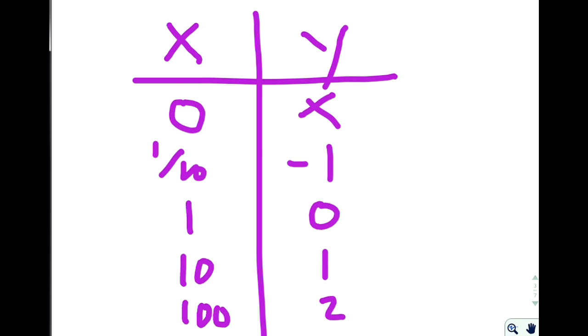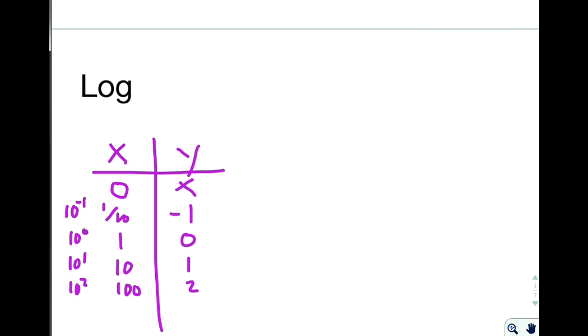Basically how this works here is if you were to rewrite these numbers as 10 to some power, so 10 to the -1 power, 10 to the 0 power, 10 to the 1 power, which is 10, 10 to the second power, 10 squared, which is 100, and so forth, the power is what y will become. So the log function figures out what is the power that 10 is being applied to.